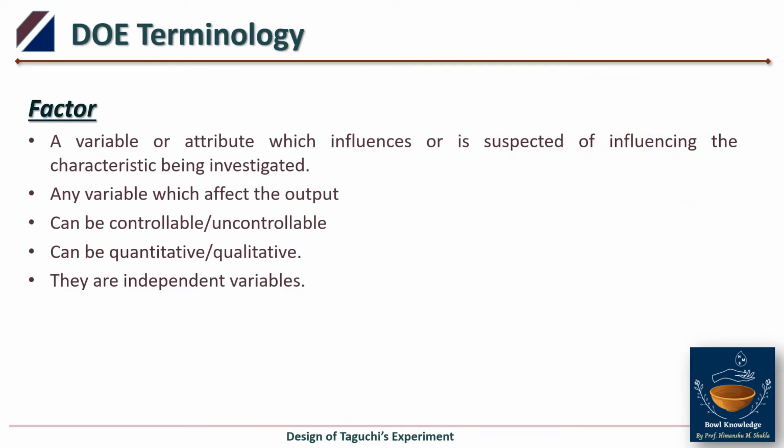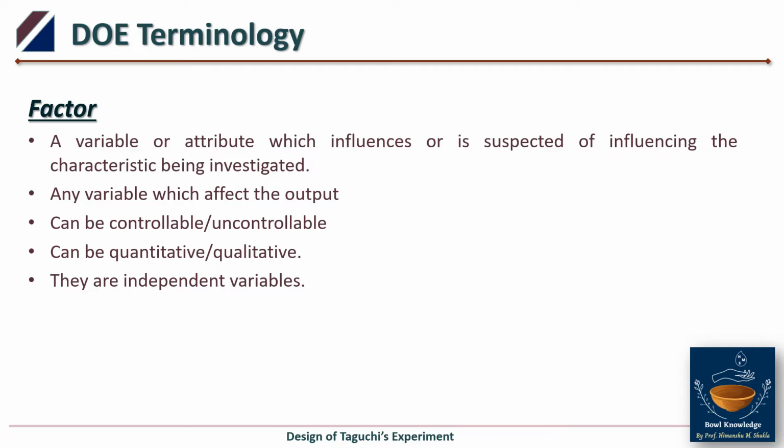Then coming to DOE terminology, what are the various terms which we use prominently in design of experiments? Number one is factor. This is the term which is used mostly in design of experiments. What is a factor? A factor is basically a variable or attribute which influences or is suspected of influencing the characteristic being investigated. In some other examples, we call it the measure of betterness.